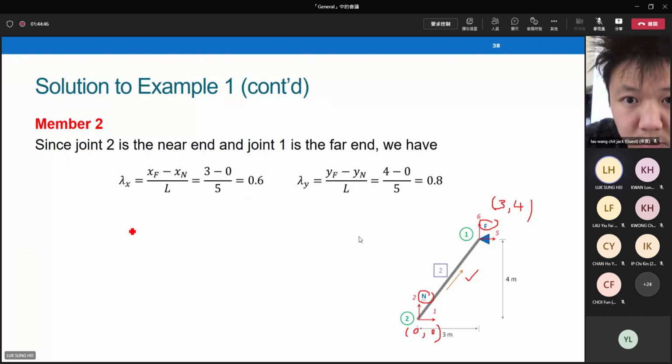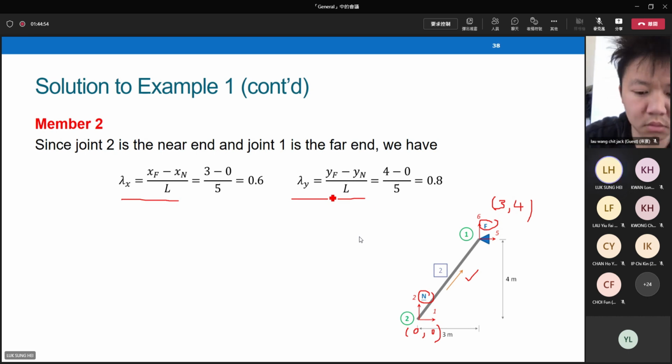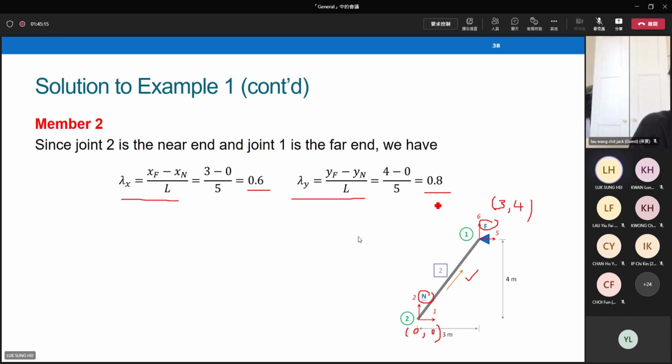I use the same equation for lambda x and lambda y. I just used it before, but we have different numbers for element 2. So this procedure is quite systematic, I think, because we can use the same set of formulas all the time, except that we have different parameters to be considered. And use it carefully, because this is an inclined member. For an inclined member, you can see that lambda x, lambda y are non-zero. So when you put them into the element stiffness matrix, this time you will see all non-zero numbers.